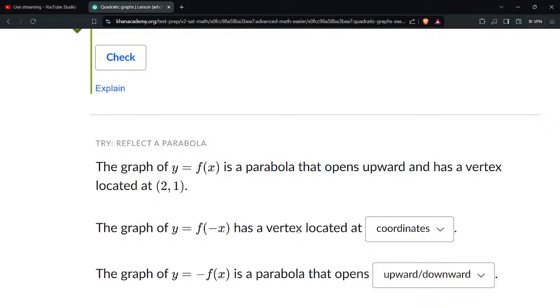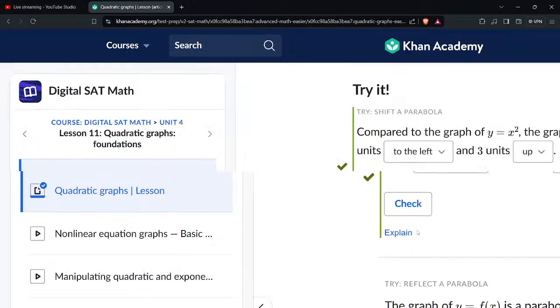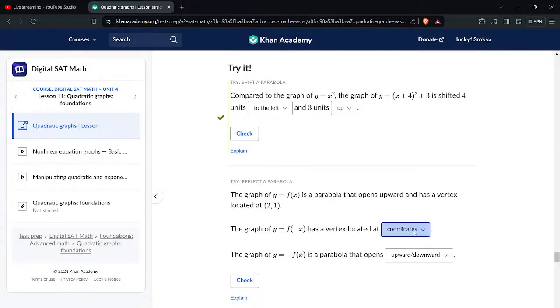The graph of y is f(x) has a vertex located at the same 2, comma 1. It opens upwards, right? So with the minus alongside y-axis, it's still upwards.